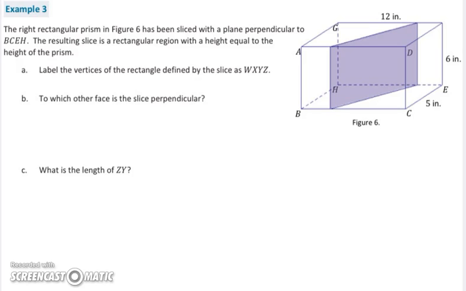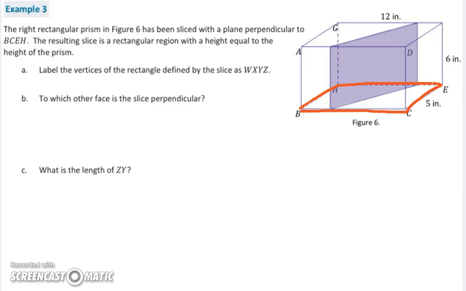We have B, C, E, and H, and then back to B. So it's telling us in the problem that the slice is perpendicular to that bottom face. Again, doesn't this slice look like a sheet of paper? It's perpendicular to that bottom face, that base.